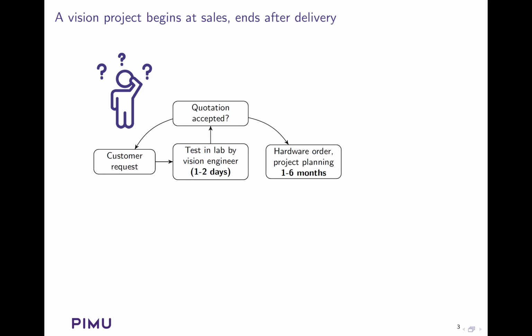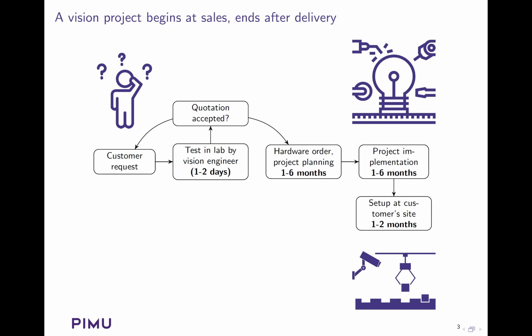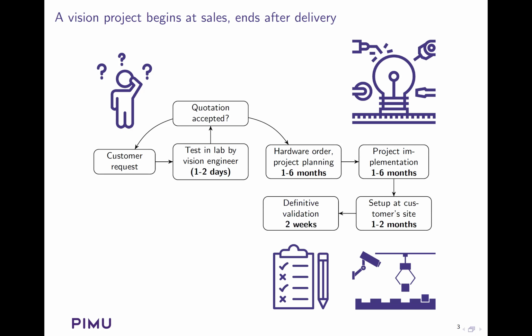Once it's accepted, and that's a pretty iterative process, it can take a lot of iterations here, then you move on to actually doing the project. So you buy the hardware, you implement everything in-house. Then you move everything to your customer's site. You have a super important validation step, and eventually you get customer support, and that can last for a lot of time.